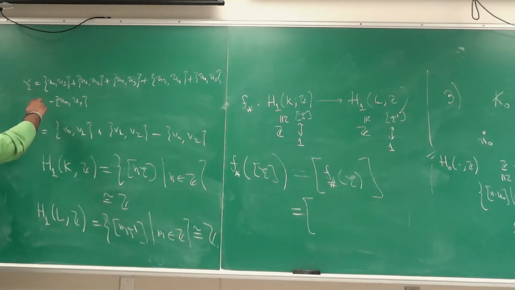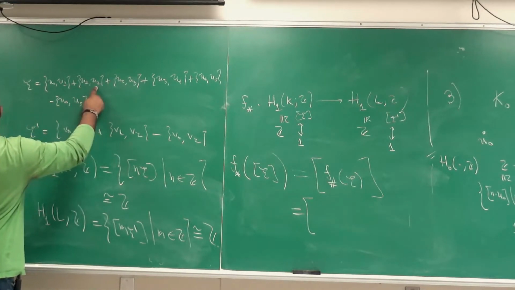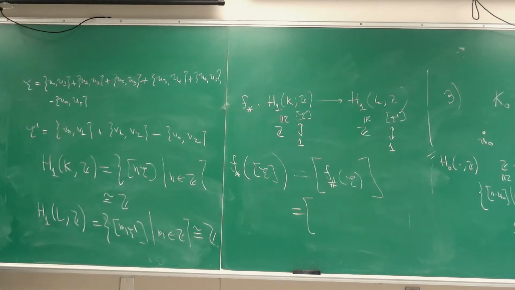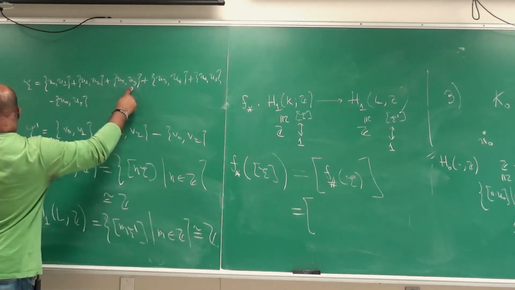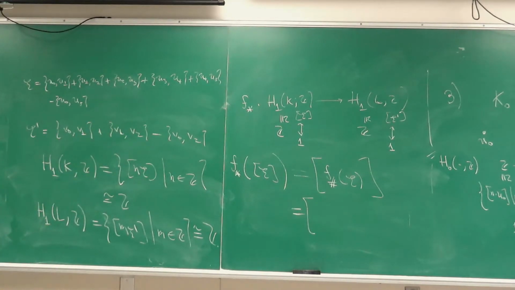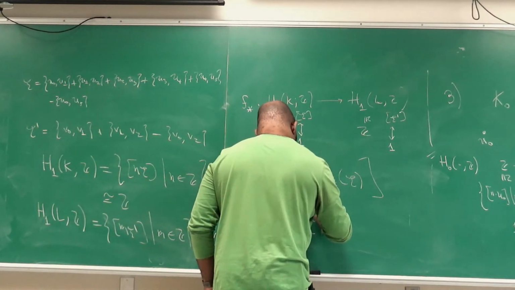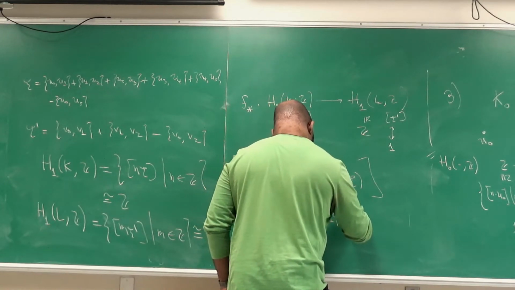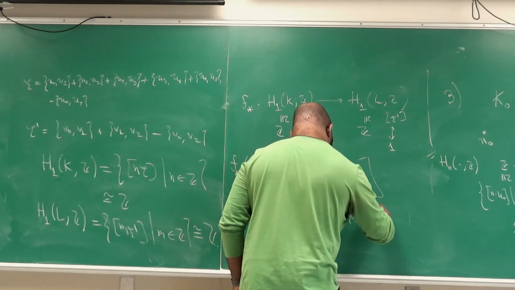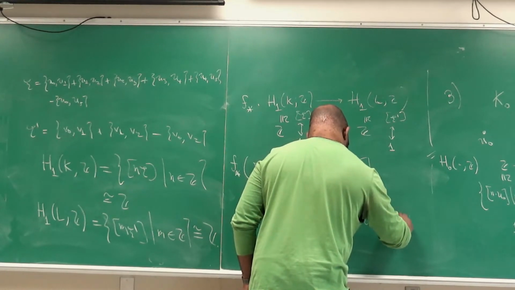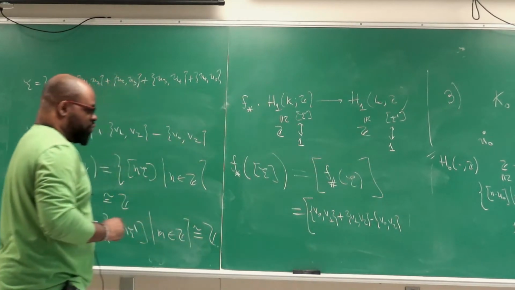So now 0, 1 goes to V0, V1, 1, 2 goes to V1, V2, 2, 3 goes to 2, 0, right? So there's a flip in the orientation. So this is equal to 0, 1 plus 1, 2 minus 0, 2, right?